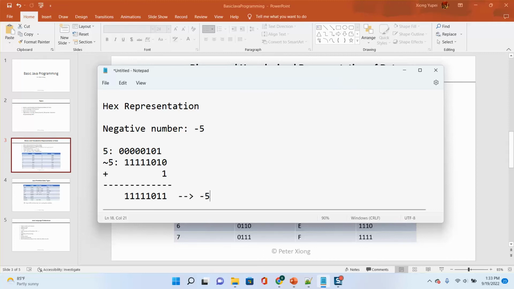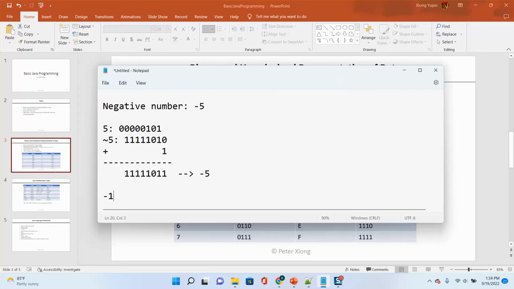It's -5. It means if I want to find a negative number, I first get the positive number, flip all the digits, then plus 1. Then this becomes a negative number. Okay. I give a very special example, -1. -1, how to do that?